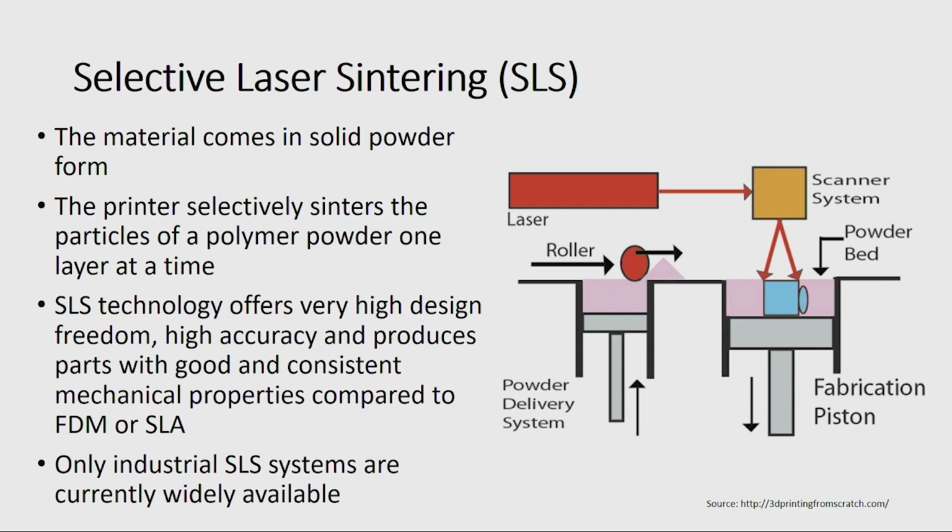Here one more advantage is when the layers are built, we are filling the powder, the material powder, to the total build volume. So already there will be a support material. So, unlike in FDM or SLA 3D printing, no support structure is required in SLS 3D printing.